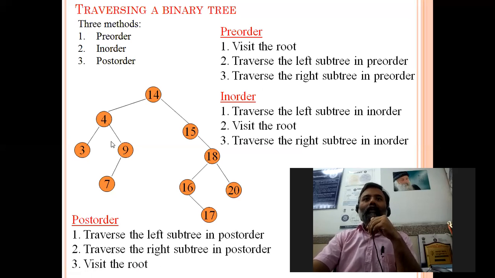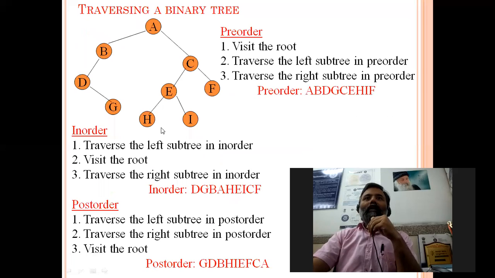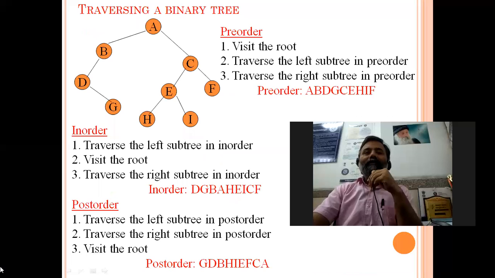Now, we are taking some examples to understand. Suppose this is the binary tree we have. In pre-order, the method I have already discussed. What will be the pre-order traversing?